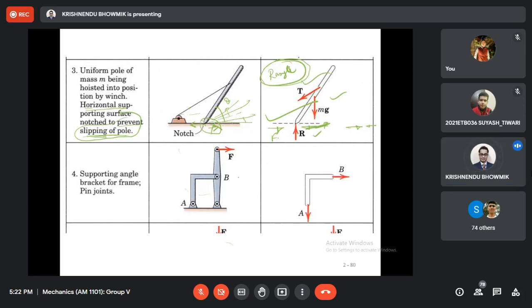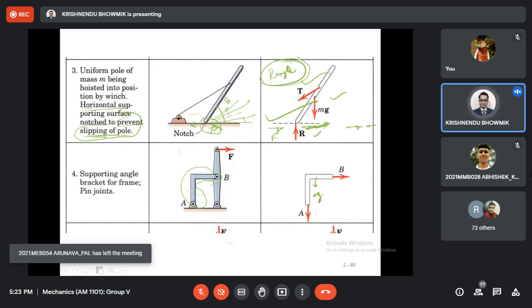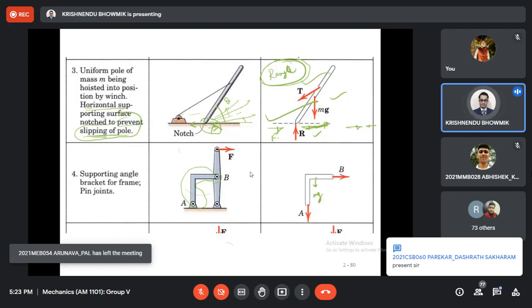Which one? mg. Sir, weight of the frame. Maybe this is weightless, but still I am writing this mg. Actually, what is happening? Maybe the forces at A and B, RA and RB, are huge when compared with the weight, so weight may be neglected. But don't worry, I have given weight. Anything else?